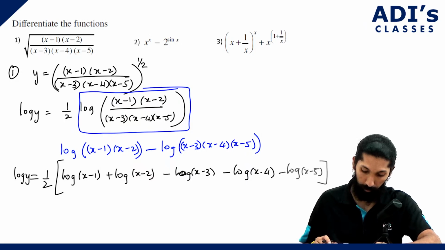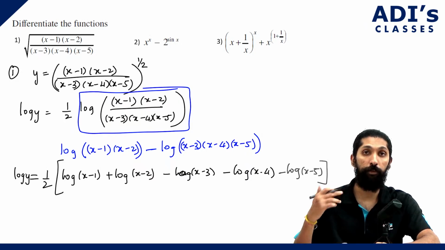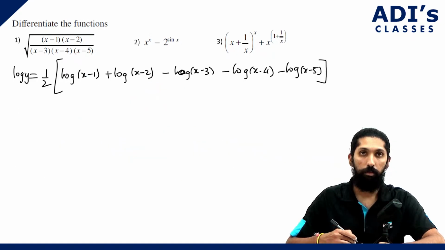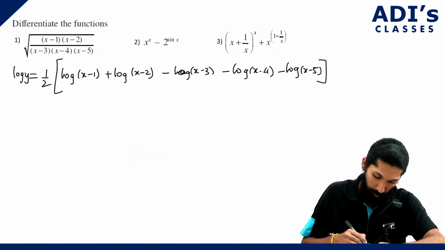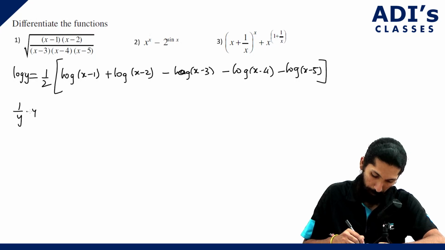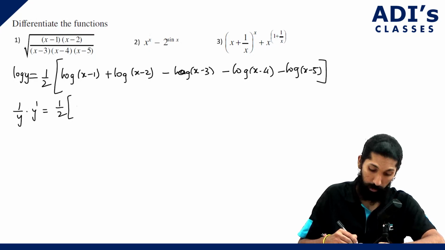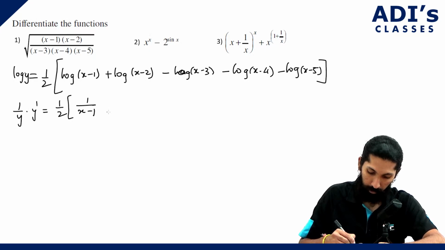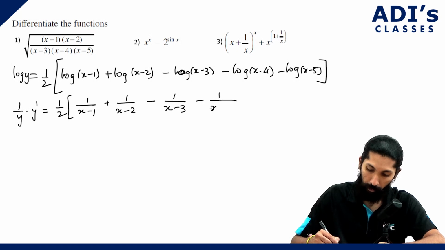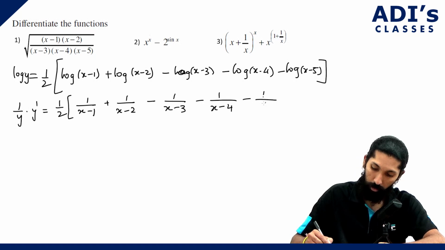Now you need to differentiate this one, right? When you differentiate, you will get 1 by y into y dash is equal to half into 1 by (x minus 1) plus 1 by (x minus 2) minus 1 by (x minus 3) minus 1 by (x minus 4) minus 1 by (x minus 5).